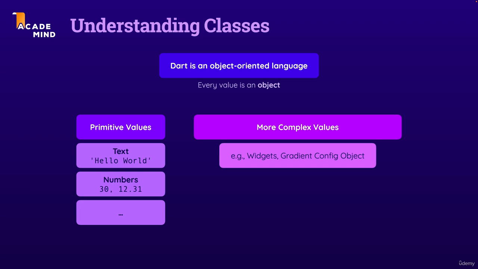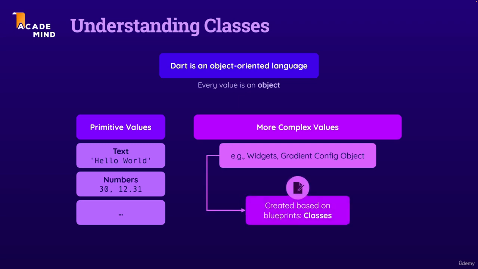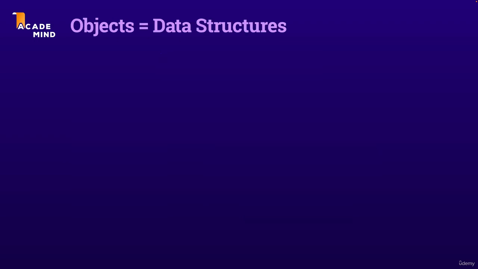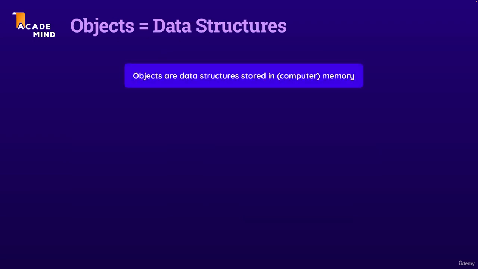Everything is an object, but those more complex objects are built based on classes, which act as blueprints for objects. And objects are in the end simply data structures stored in computer memory, so in the device memory on which your application is running.